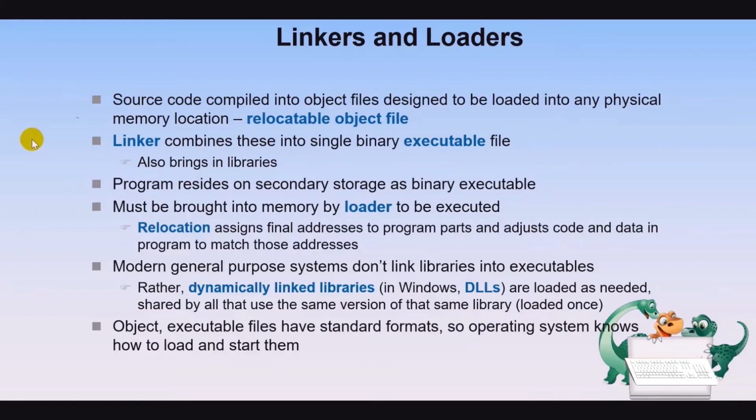Modern general-purpose systems don't link libraries into executables. Rather, dynamically linked libraries, or DLLs, which is what we use in Windows, are loaded as needed and shared by all those that use the same version of that library. Object and executable files have standard formats, so the operating system knows how to load and start them.